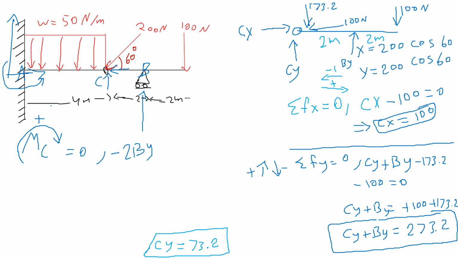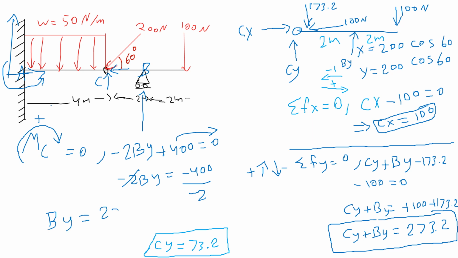Minus 2By plus 400 equal 0. This will go here: minus 2By equal minus 400, over minus 2, so that this 2 goes. So By equal to 100.